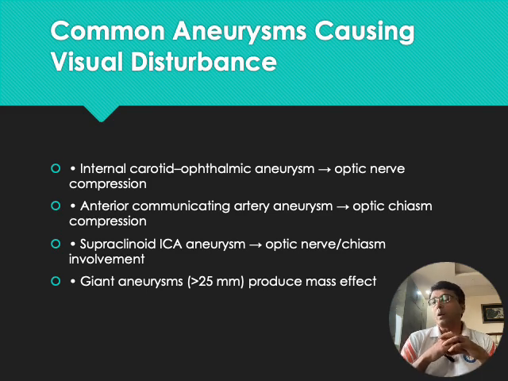An aneurysm causing optic chiasm compression is in the region of the anterior communicating artery. And supraclinoid ICA aneurysm causes compression of the optic nerve and optic chiasm, both structures.